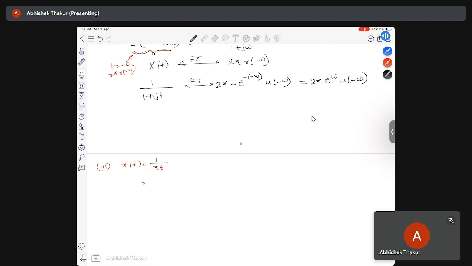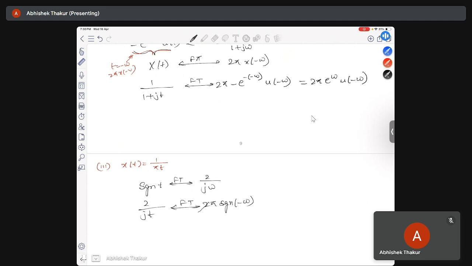So we know that the Fourier transform of signum(t) is given as 2 by jω. So 2 by jt will have the Fourier transform 2π signum(−ω). Okay.